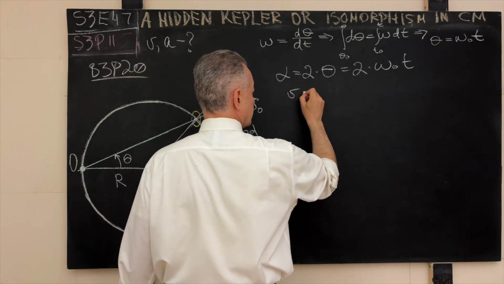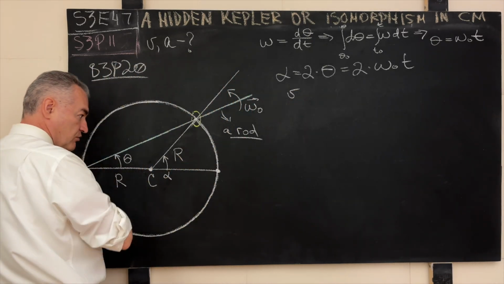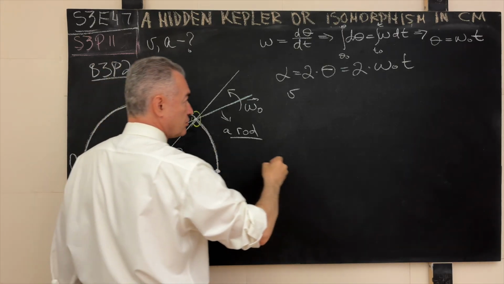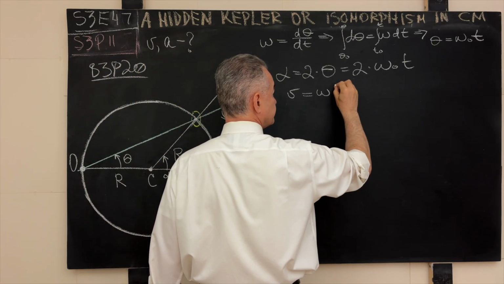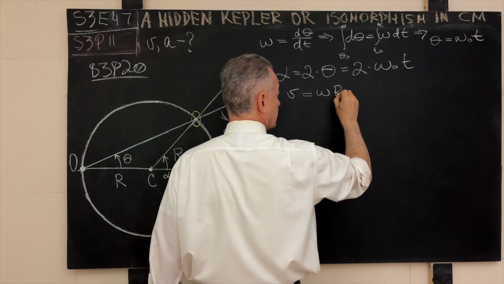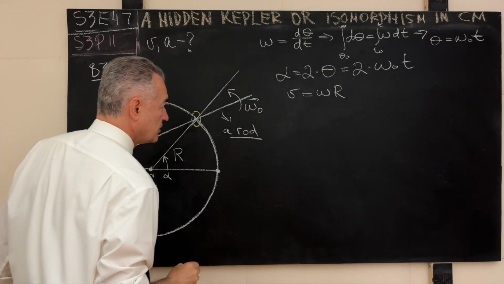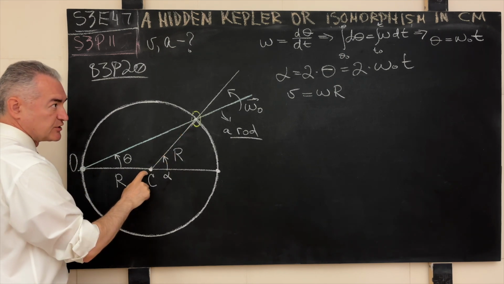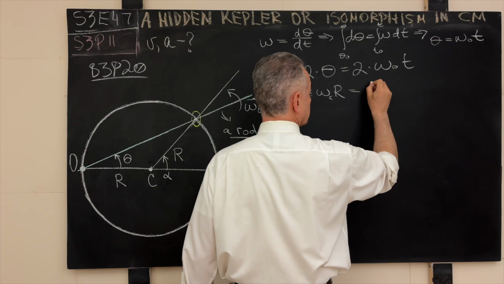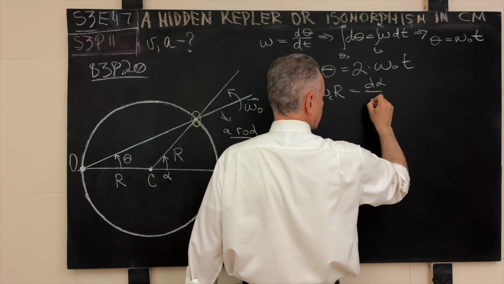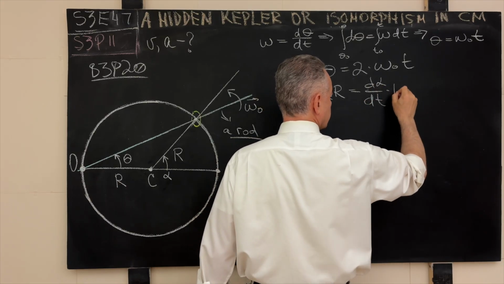The velocity of the ring, as it slides along the circle, will be omega r, the angular velocity of our circle with respect to the point C. This will be d alpha over dt times r.